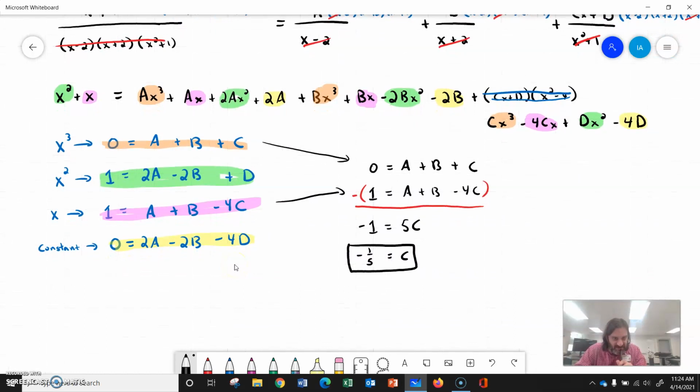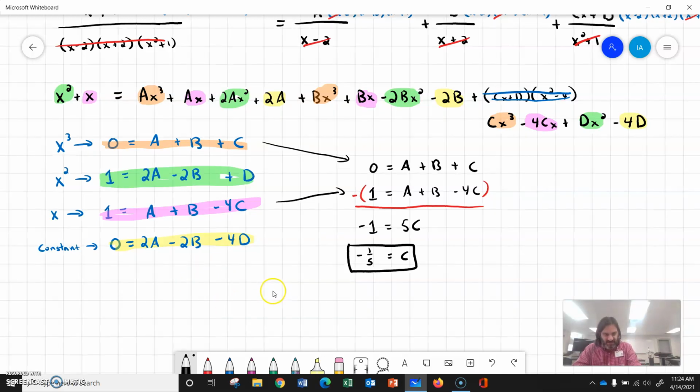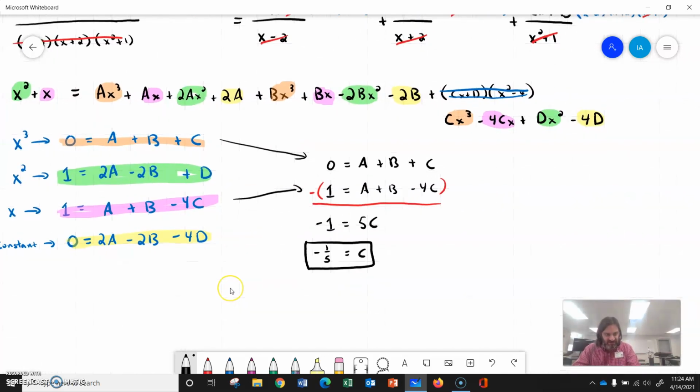Can we use that to help ourselves in any other way? Doesn't really look like it right now. But I can also use the second and third equation to get d in the same manner.